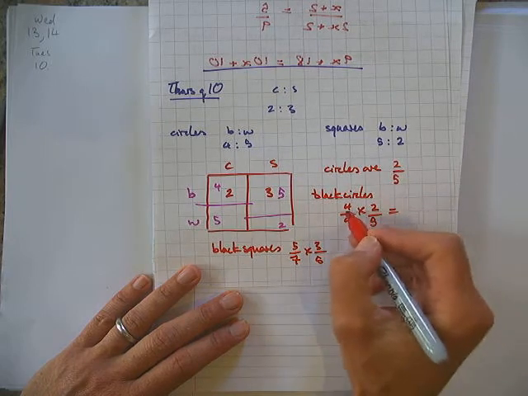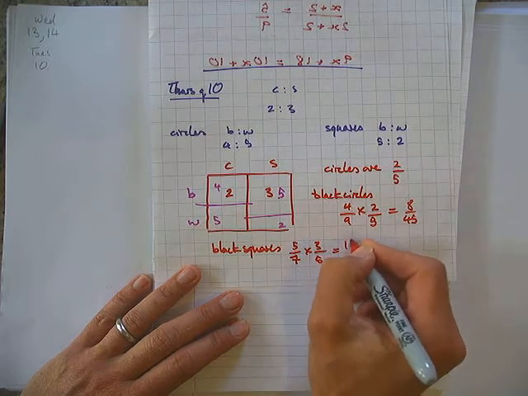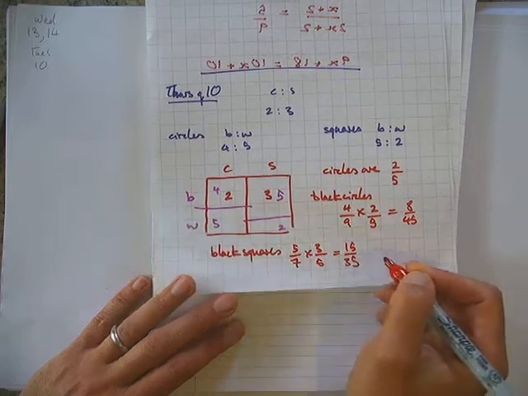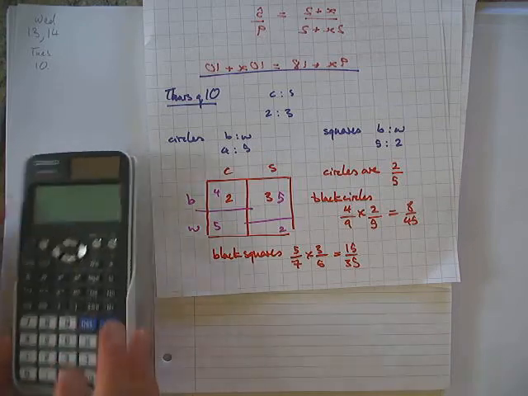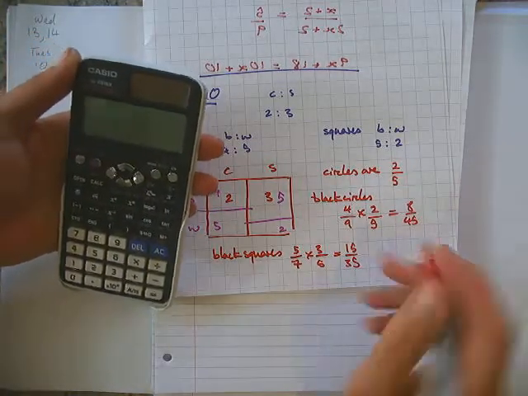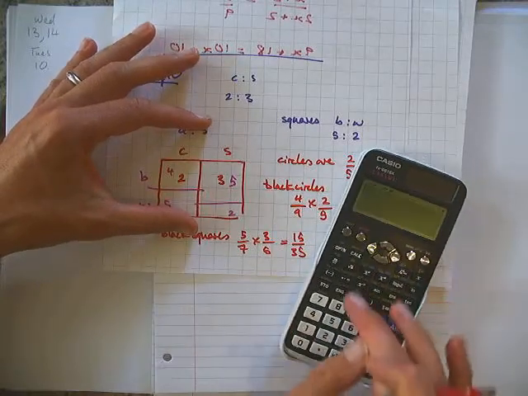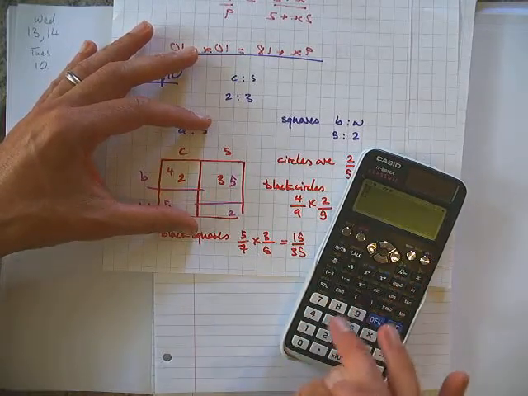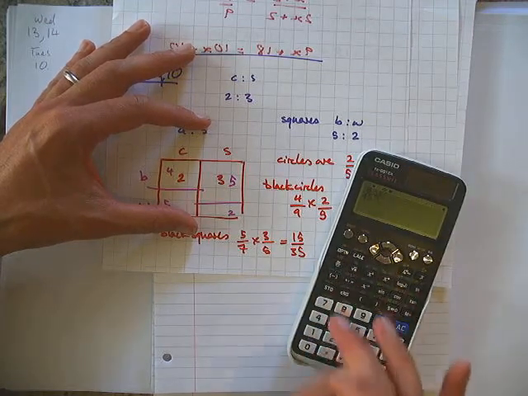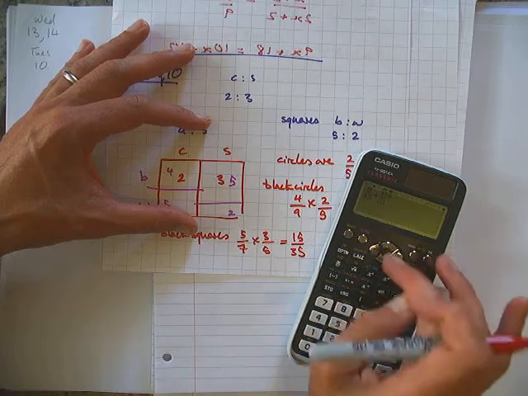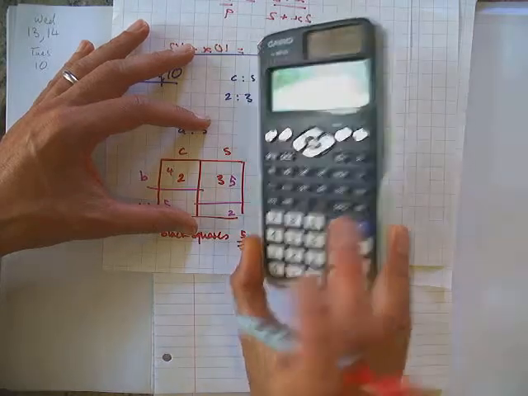So that's 8 over 45, and that's 15 over 35. I'm too lazy to do that. So 8/45 plus 15/35, 191/315.